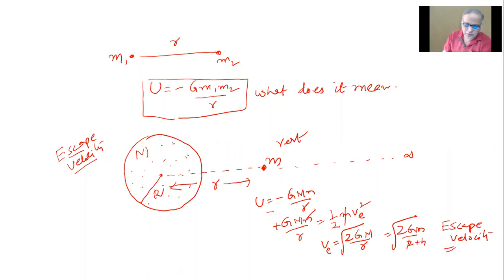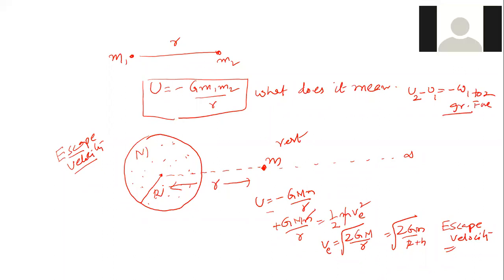And if you want to put it in another way, look, go to our definition. U2 minus U1 equals minus W12 by gravitational force, we told. Yes, sir. Right?